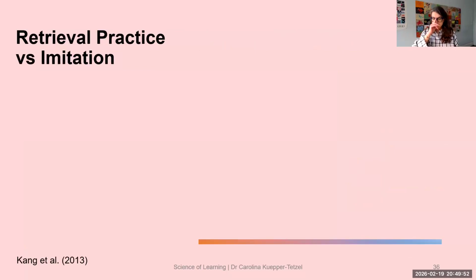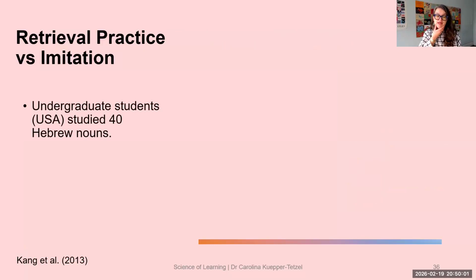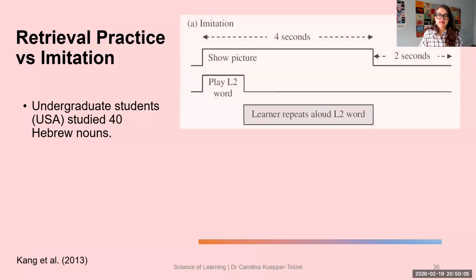One thing you may be using in your classes is imitation. Here, undergrad students learned Hebrew nouns. Imitation means that you hear the word in the foreign language and then repeat the word out loud, basically imitating the pronunciation.